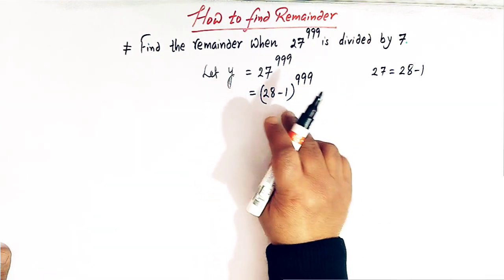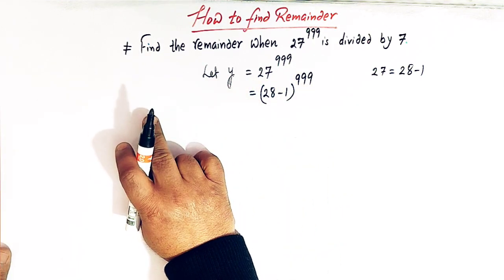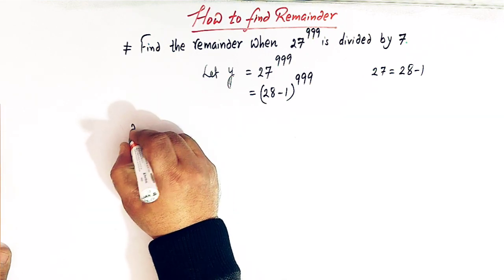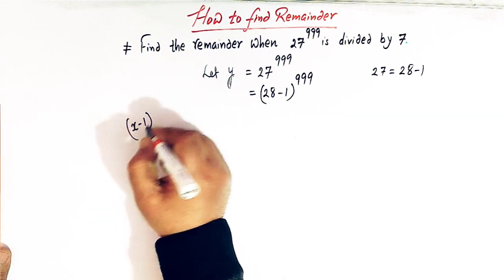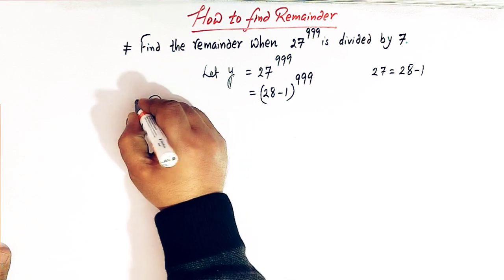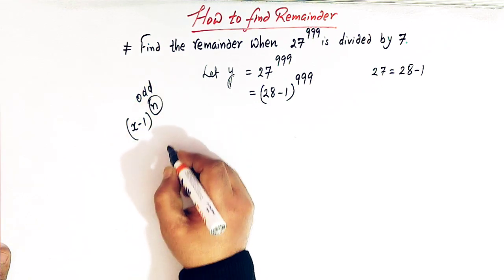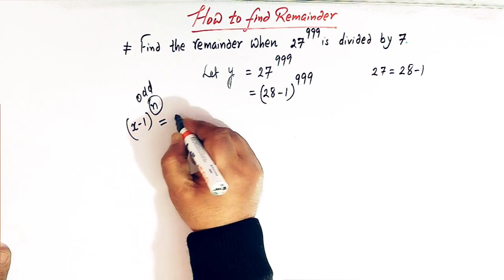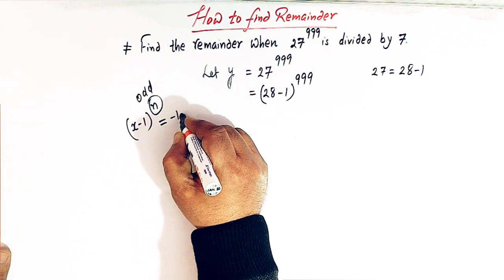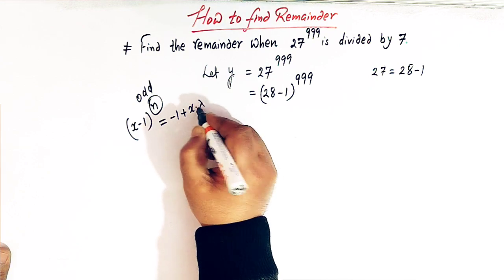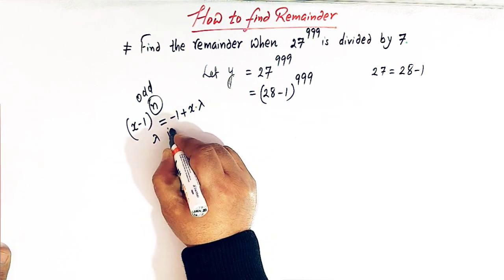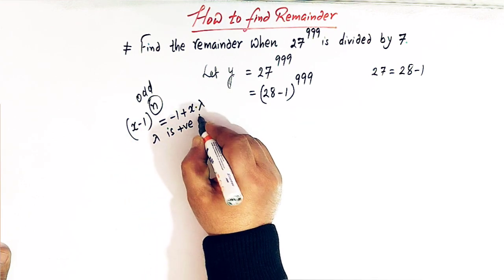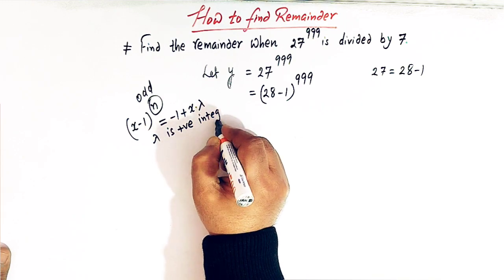Now here we'll make use of the same concept, that is if we have x minus 1 raised to n and this n is odd, then we have x minus 1 raised to n as minus 1 plus x times lambda, where lambda is some positive integer, right?